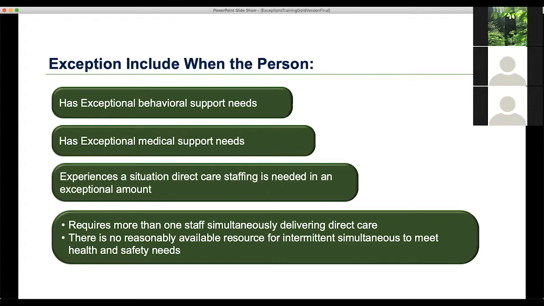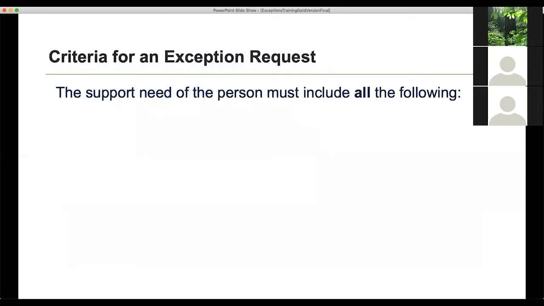So really to recap, we have exceptional behavior, exceptional medical, some significant engaged direct care staffing for a task or multiple tasks. And then also when we need more than one staff to provide that support, such as a 2-on-1, 3-on-1 plus. Now we're going to look at the criteria that falls in with these areas.